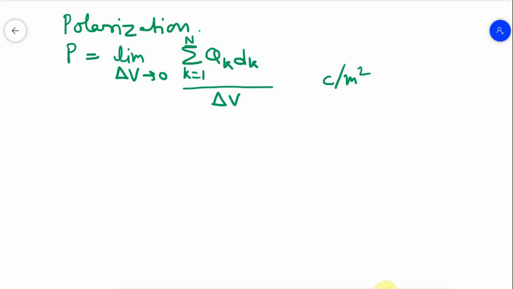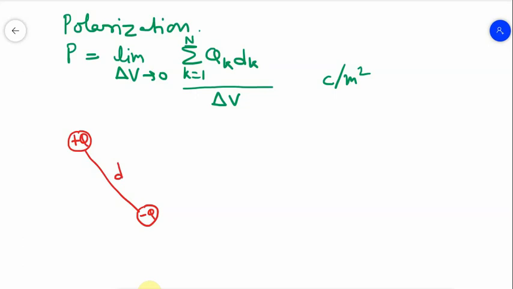So when electric field E is applied to a polar molecule, the permanent dipole experiences a torque tending to align its dipole moment parallel with E. So for polar molecules, let's say this is a dipole, plus Q and minus Q, separated by a small distance.